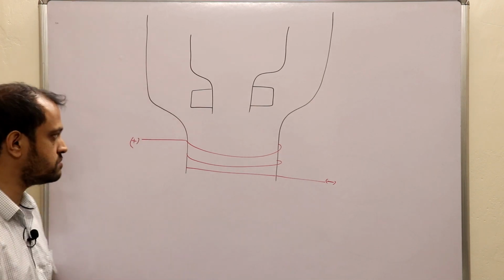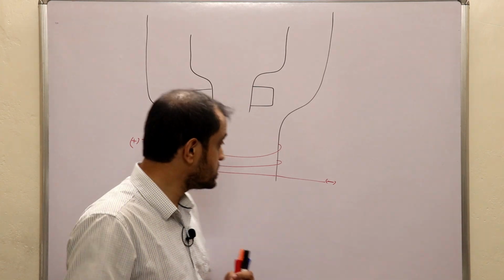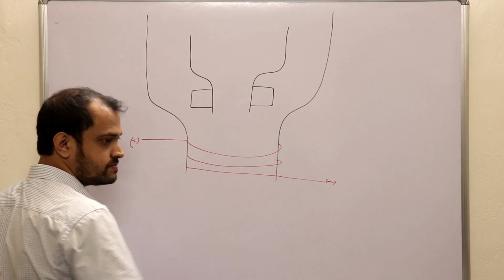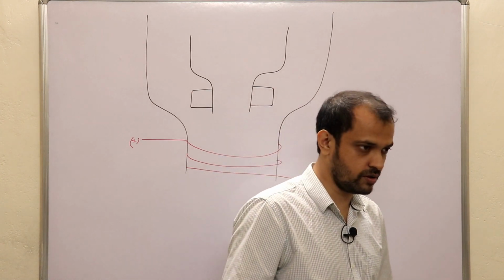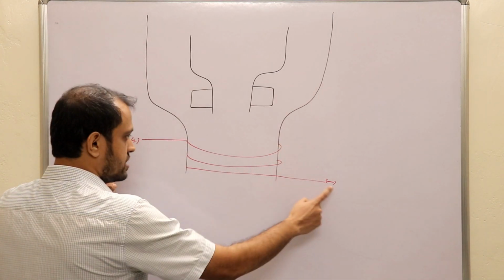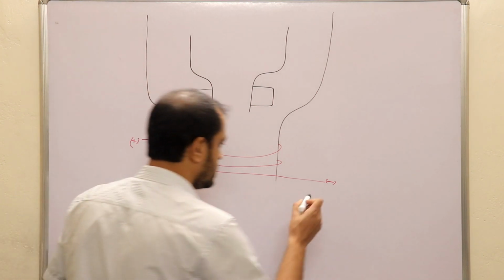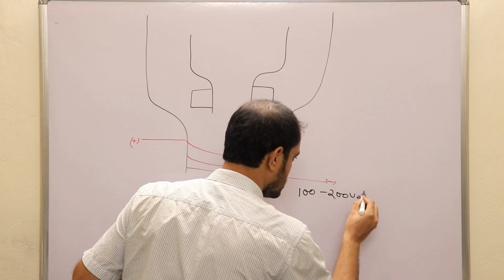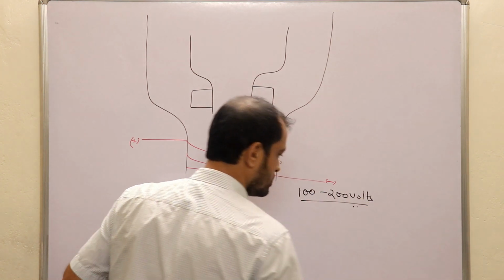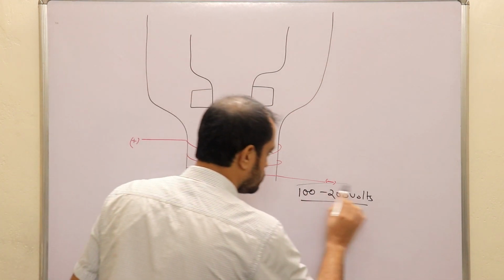There is a main difference between the FACS sheath fluid container as well as the flow cytometer sheath fluid container. That is, they are connected to opposite charges. And what is the potential difference of this particular thing? That is 100 to 200 volts. So these two wires are now connected to 100 to 200 volts.